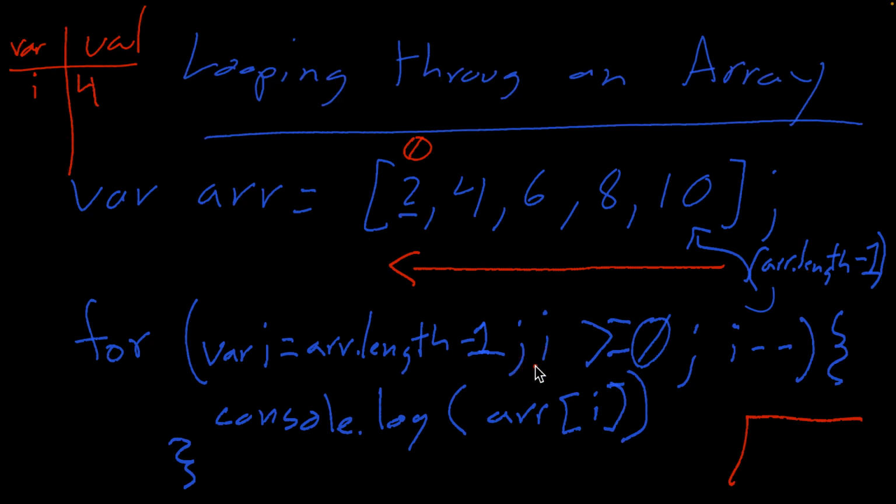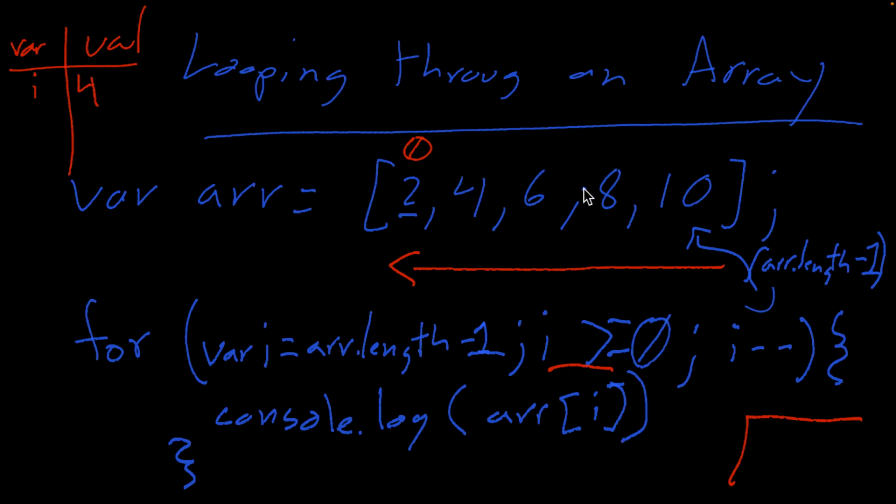Is I greater than or equal to 0? Yes, because I is 4, and 4 is greater than 0. So if this is true, we enter. Then let's console log R at I. What's R at I? R at 4: 0, 1, 2, 3, 4.